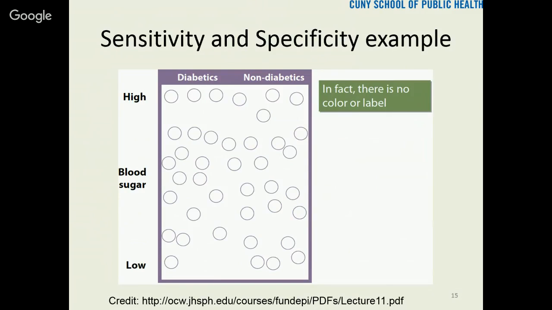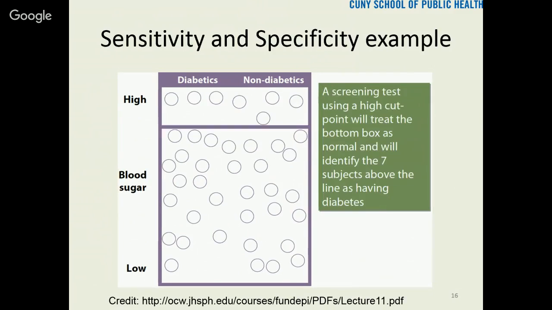All we have is a bunch of people coming into the clinic, and we apply the test and the threshold or cutoff, and we know who we call diabetics and who we call non-diabetics. If we know some things about the properties of the test and about our population, we can calculate what this means to those who received a positive test and those who received a negative test.